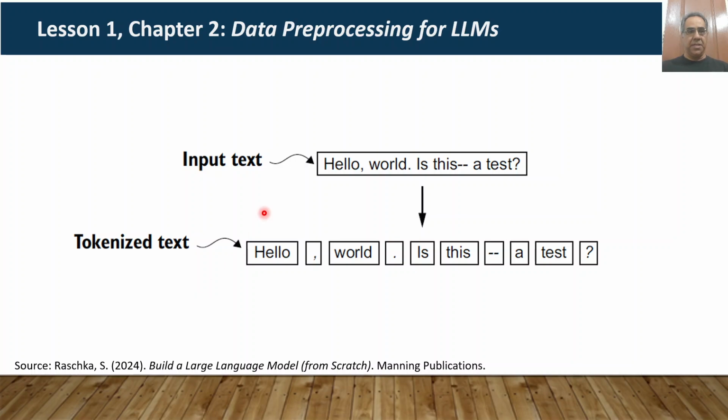In this tokenization scheme, we split text into individual words and punctuation characters. For this specific example, the sample text gets split into 10 individual tokens, as you can see here.